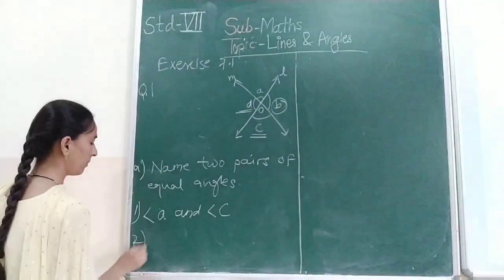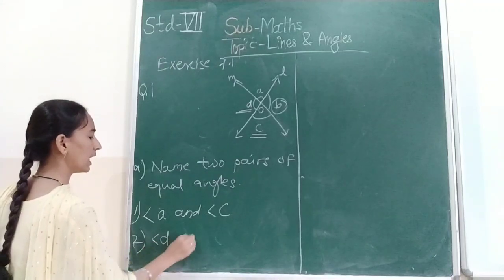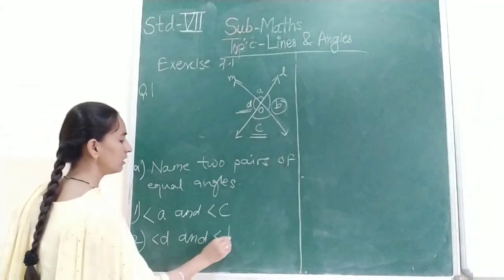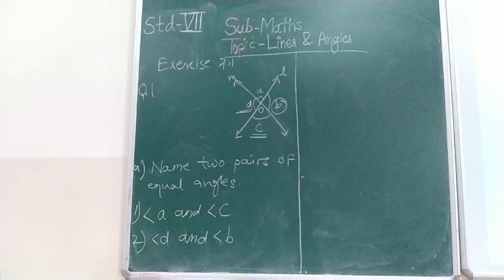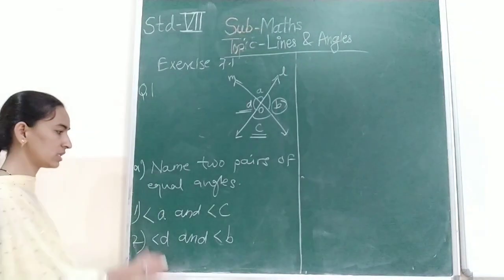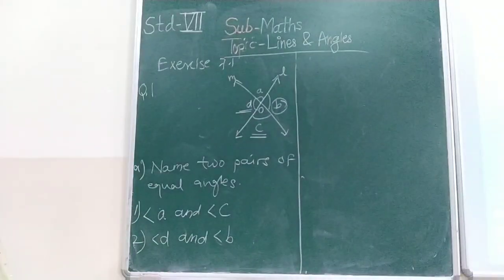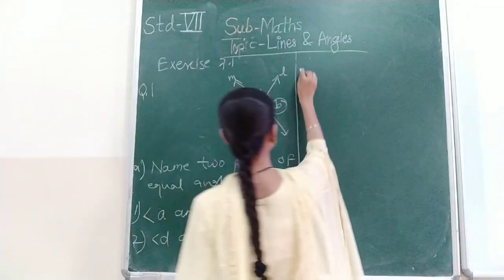B. So the second pair is angle D and angle B. These two pairs are vertically opposite and they are equal. Understand the first question?